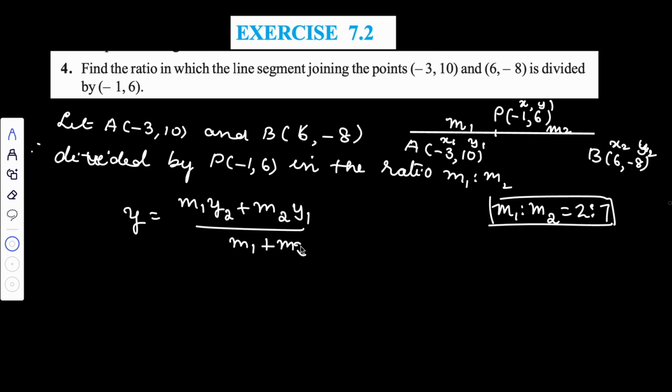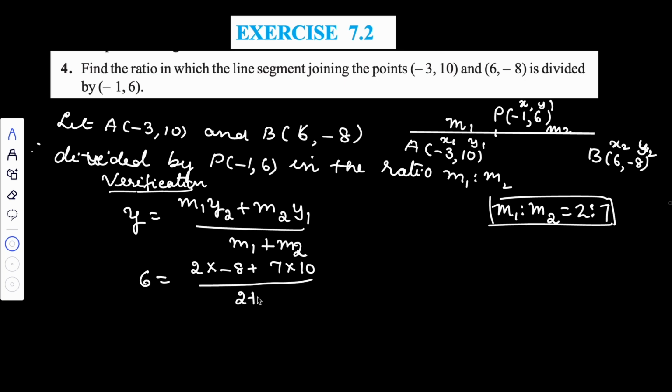We can write here: verification. Okay, now the y value is 6, equal to m1 is 2 into y2, -8, plus m2 is 7 into y1, 10, divided by 2 plus 7.